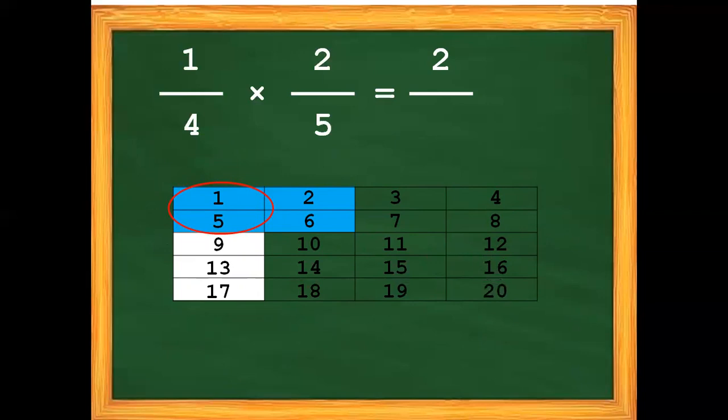So remember that the denominator represents how many parts the whole is divided into equally, and that is 20 parts. So the denominator now is 20, or simply 4 times 5, we get 20.